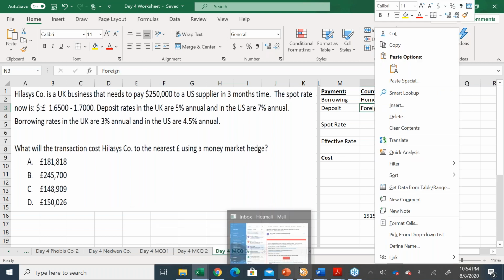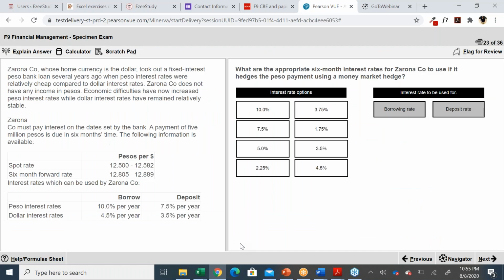So borrowing for the home, which is the home currency, dollar. Borrowing rate of the dollar 4.5%. But that's for the whole year, right?